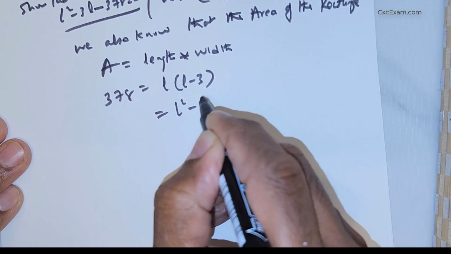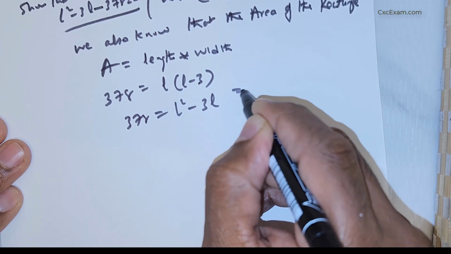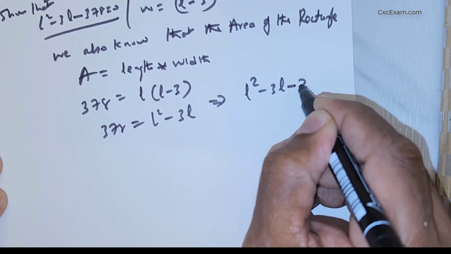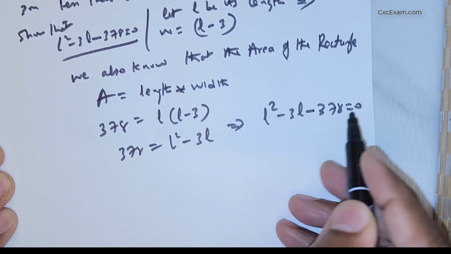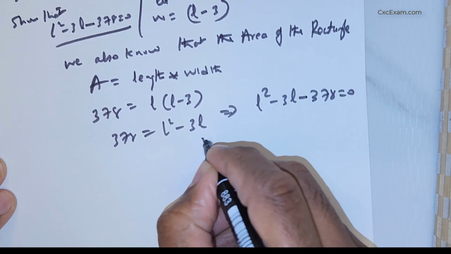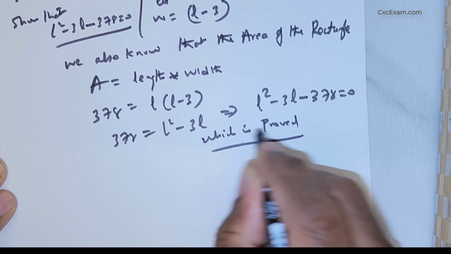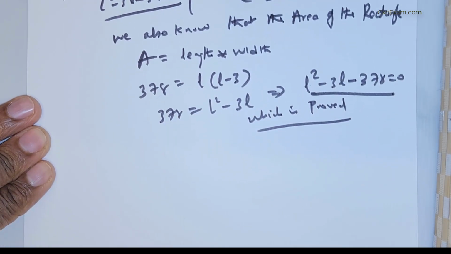So L times L is L squared, 3 times L is 3L, equals 378. So I can rewrite this as L squared minus 3L minus 378 is equal to 0. They two agree together, which is required, or you can say which is proved, because they're asking us to show. So that's the end of the solution. We move on to the next one.